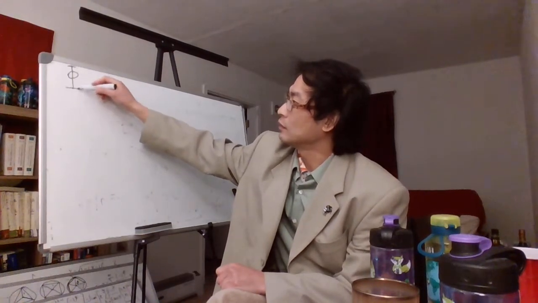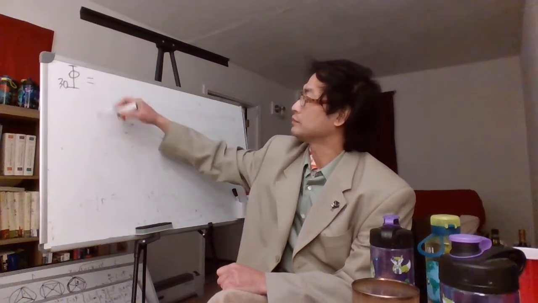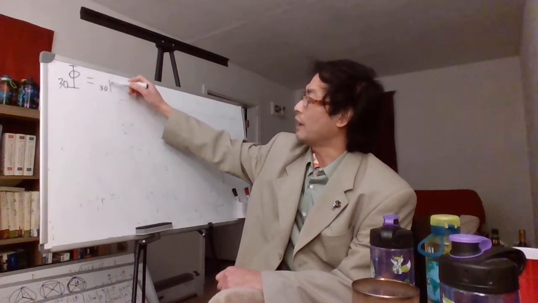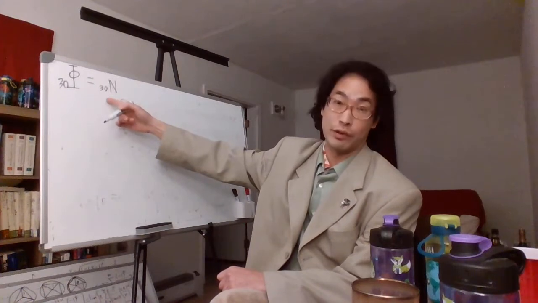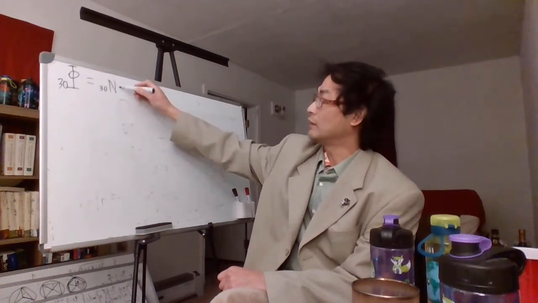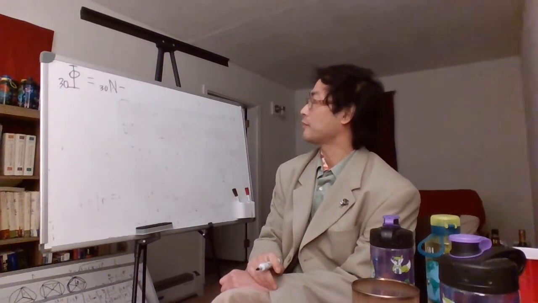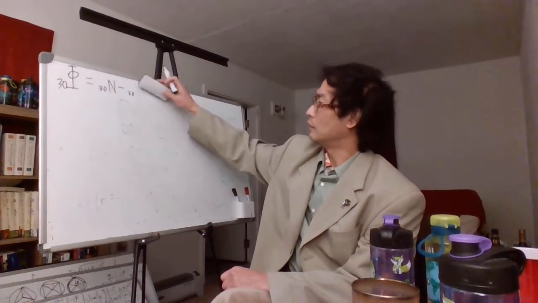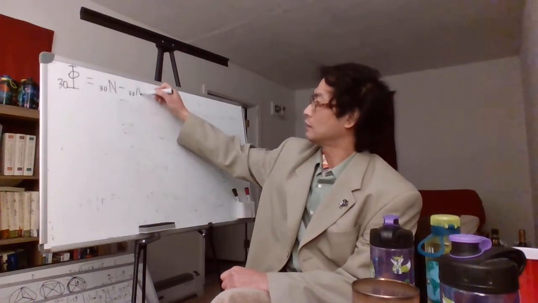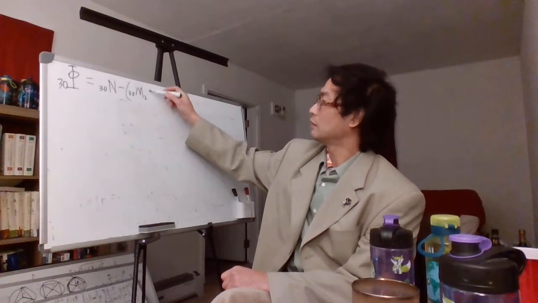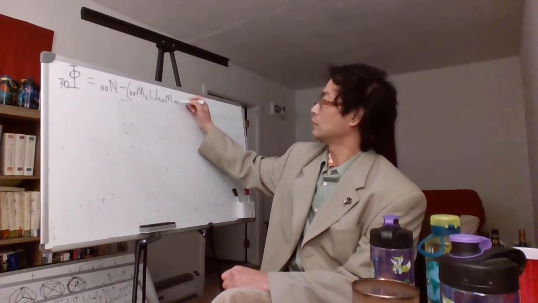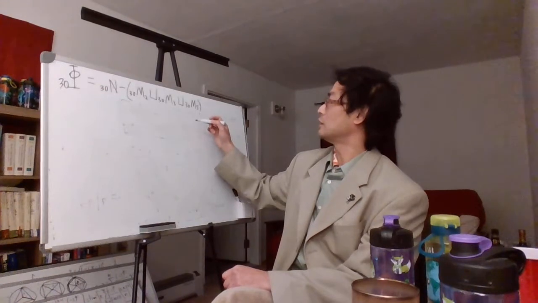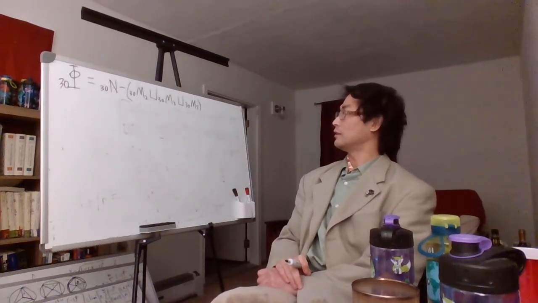Phi of 30 is equal to 30, the natural numbers less than or equal to 30, starting from 1, minus the set of multiples of 2 under 30, union the set of multiples of 3, union the set of multiples of 5, because that's the prime factorization of 30: 2, 3, and 5, right?